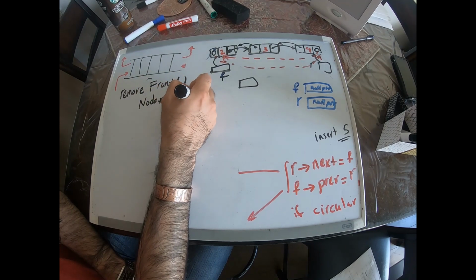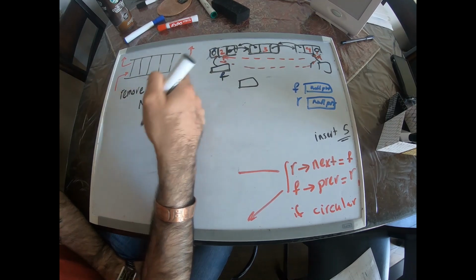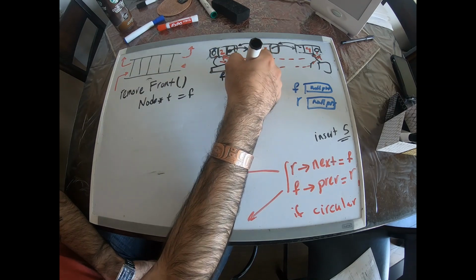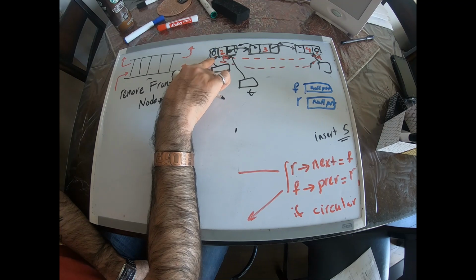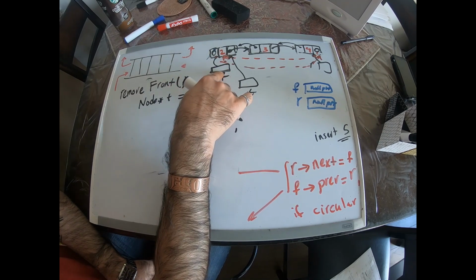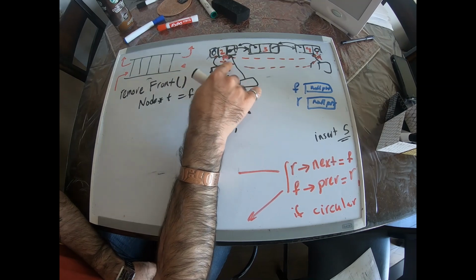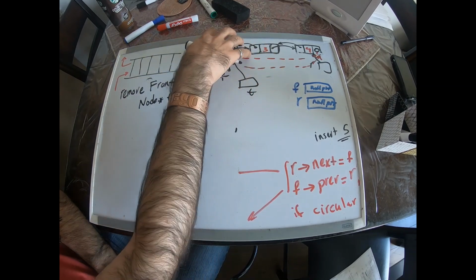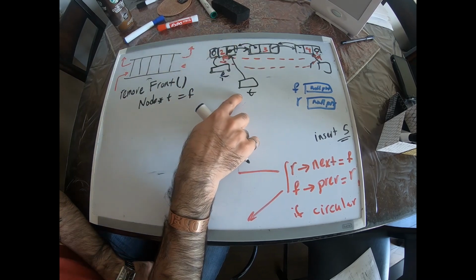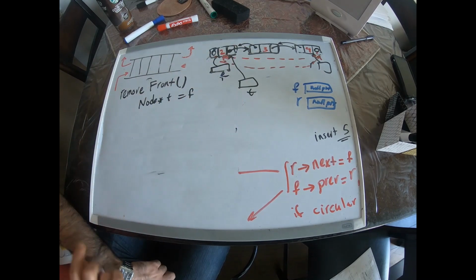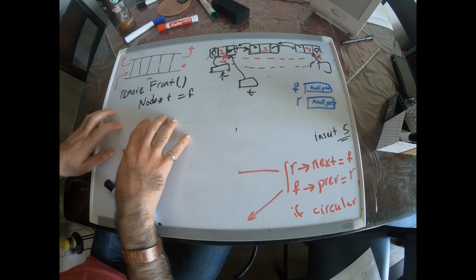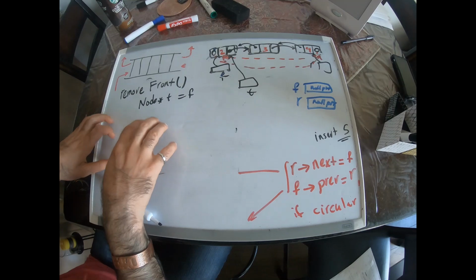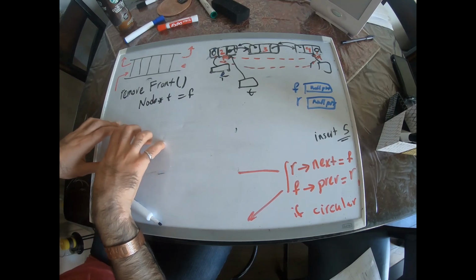We initialize it as f, because now we want to remove the front. So we want to make sure that this pointer points to the same head node as the front, right? So that when we make front point to the next one, we don't lose this node. We still have track of it using this pointer. So now, when you want to remove, you have a precondition, right?